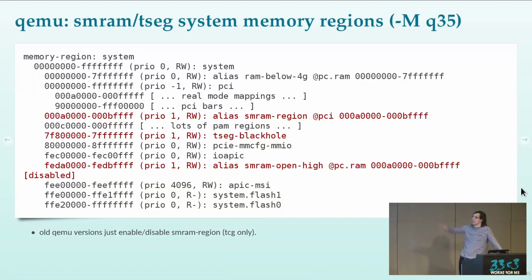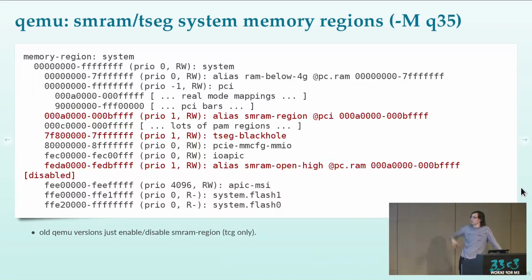Then there's also MMIO, MMConfig address space, IO APIC. And the Q35 chipset also has an SMROM alias at a higher address, which is disabled because EDK2 doesn't use it, but the alias is there.